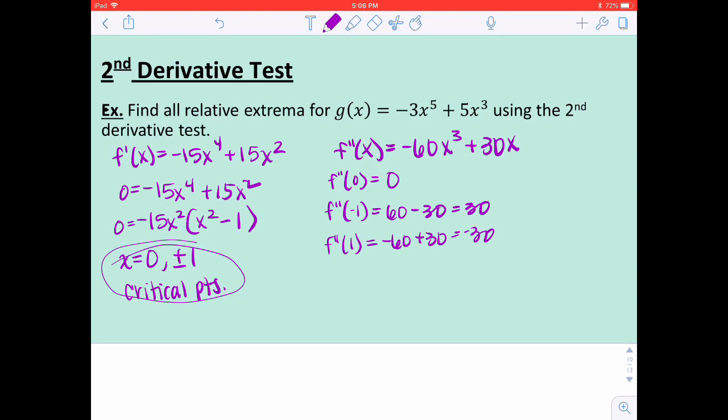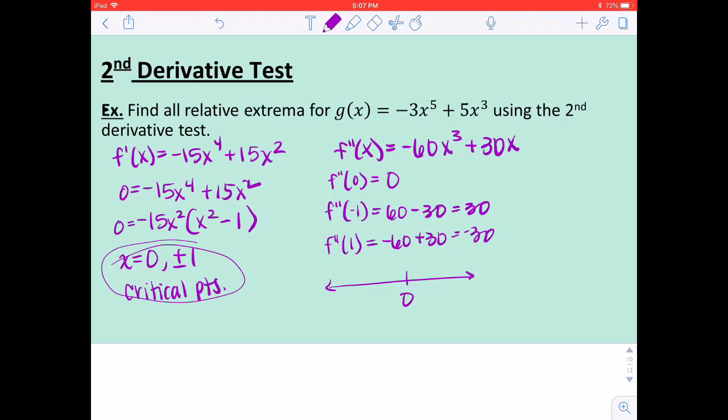Okay. So since f double prime of 0 is equal to 0, we know the test fails at 0. So we have to revert back to the first derivative test and see if it is going to be an inflection point or not. So let's test 0.